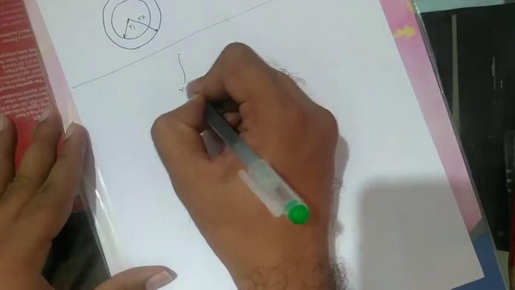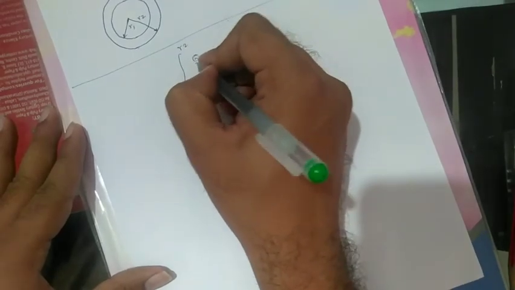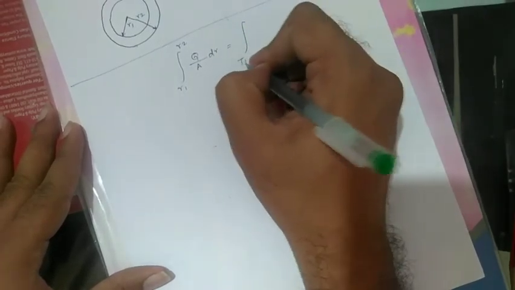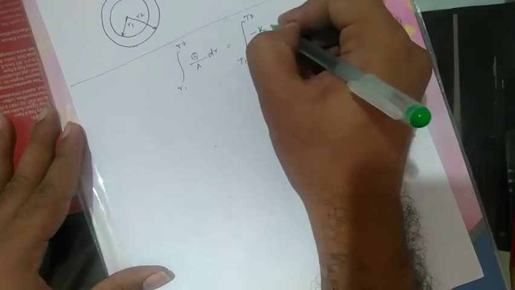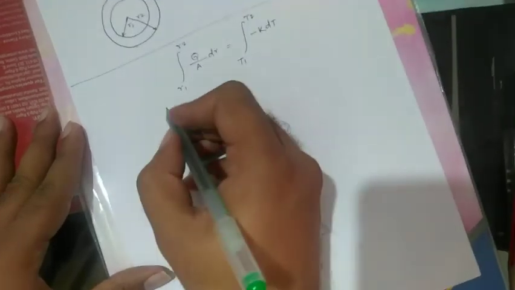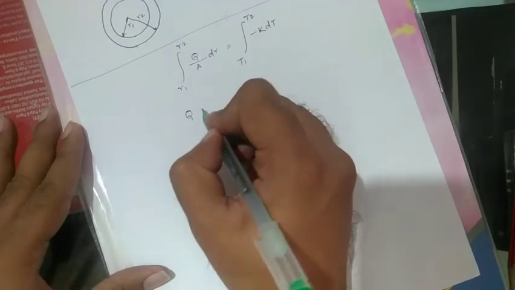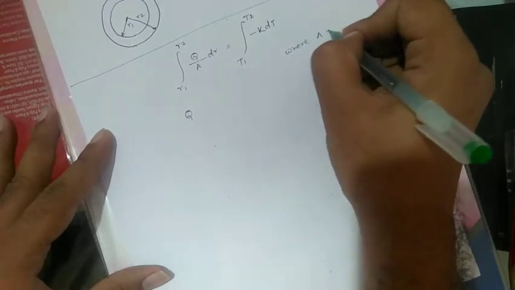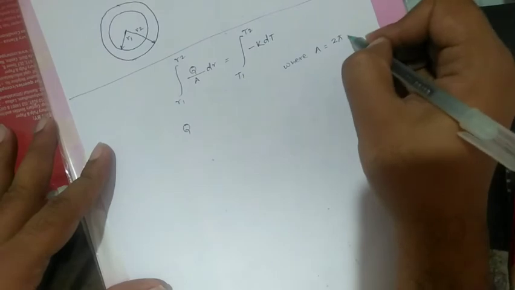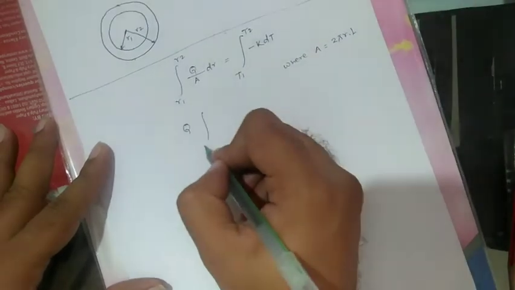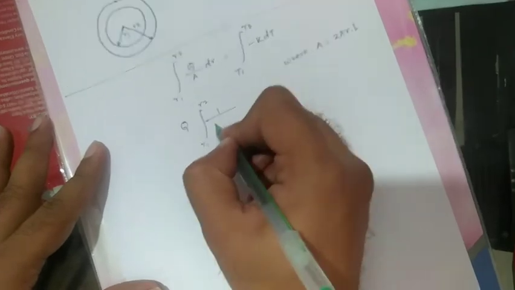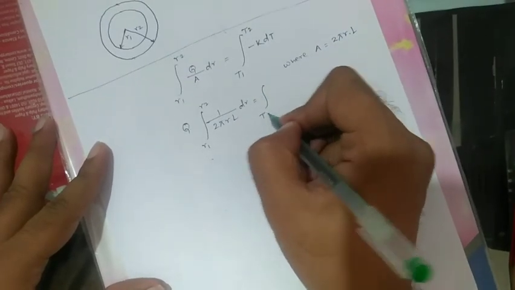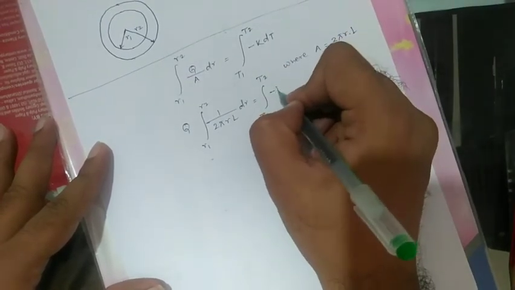Integration from R1 to R2 of Q by A dr equals integration from T1 to T2 of minus K dt. Taking Q out as a constant, and substituting the area 2 pi r into L, we have integration from R1 to R2 of 1 upon 2 pi r into L dr, equal to integration from T1 to T2 of minus K dt.